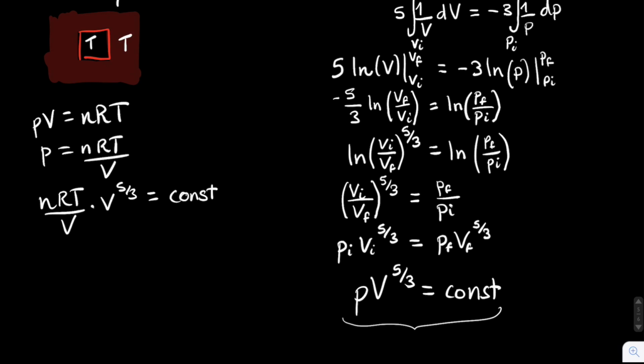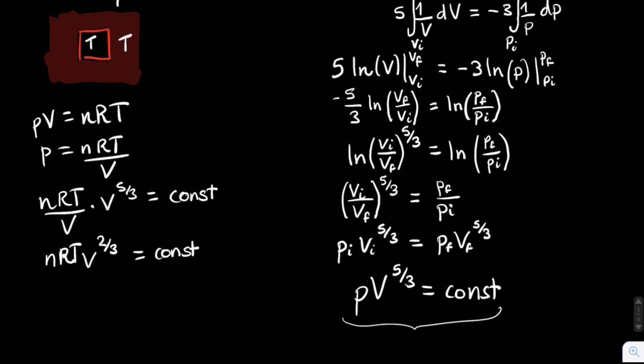But what's going to happen here? Well, this V to the 5/3 is going to cancel with this V here, to give V to the power of 2/3 multiplied by nRT, which is a constant. And what I've been doing throughout this entire video is setting n to be constant.